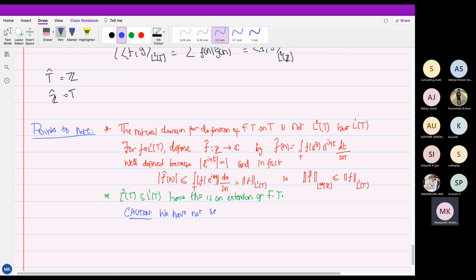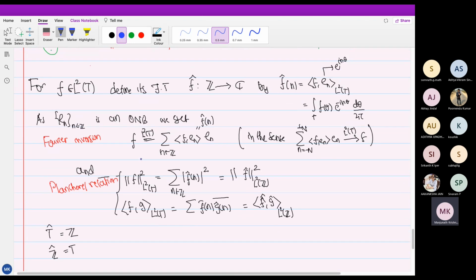We have not said several things. One, what is the range of the Fourier transform on L1 of T? We haven't said which functions on the integers arise as Fourier transforms of L1 functions.